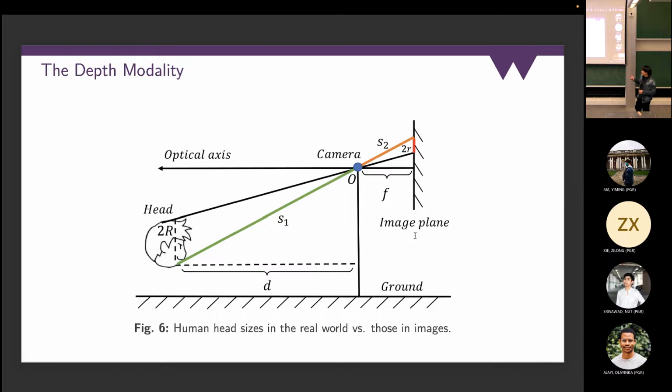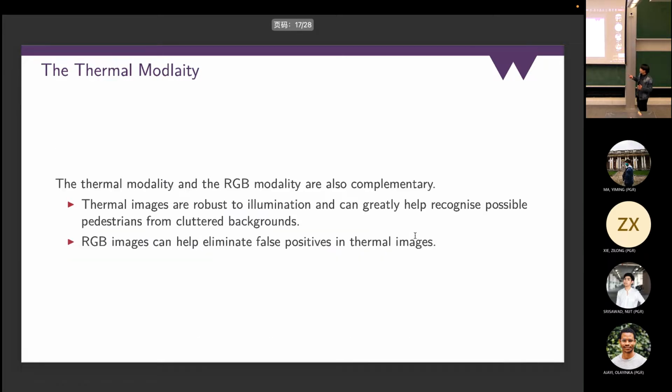So people are trying to abandon the depth modality and go to the thermal modality instead. The thermal modality can reflect the temperature of the environment. Usually the body temperature of people is higher than the air, so it's quite obvious in the images.